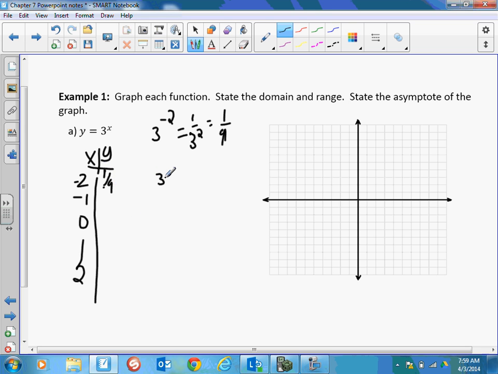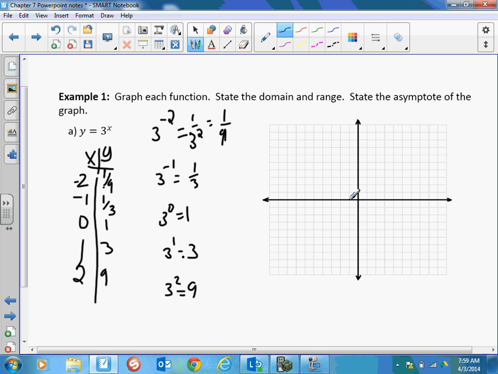And since I know that, 3 to the -1 would be the reciprocal, which would be 1/3. So 1 divided by 3. 3 to the 0, anything to the 0 power is 1, another property you need to have mastered. 3 to the first is 3, and 3 squared is 9.